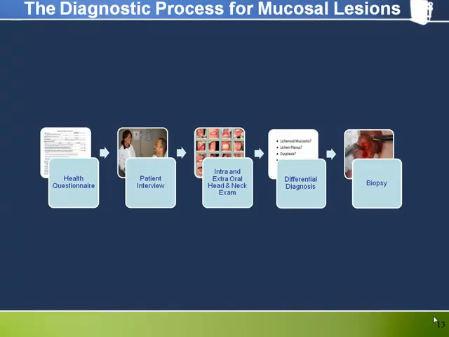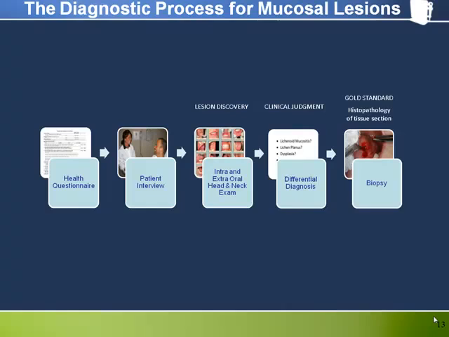Then the physical exam is conducted, traditionally the intra and extraoral head and neck exam, which allows for lesion discovery. Based on the health history and physical examination, the clinician then utilizes clinical judgment to formulate a differential diagnosis with referral for biopsy as appropriate.